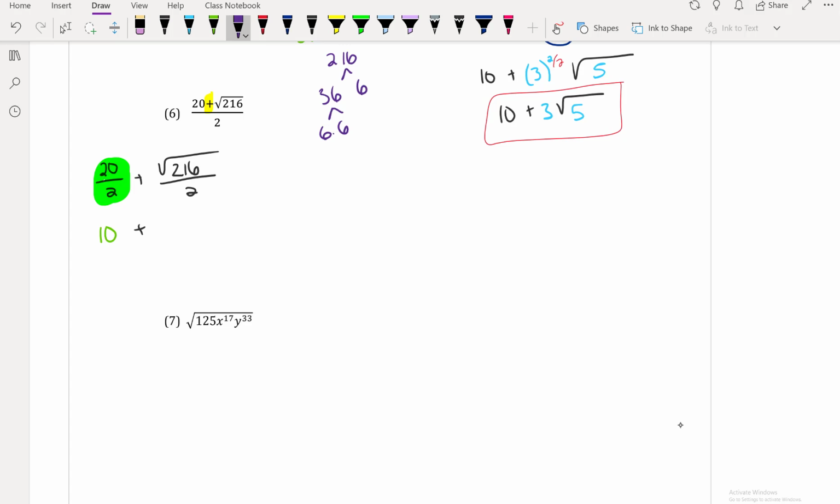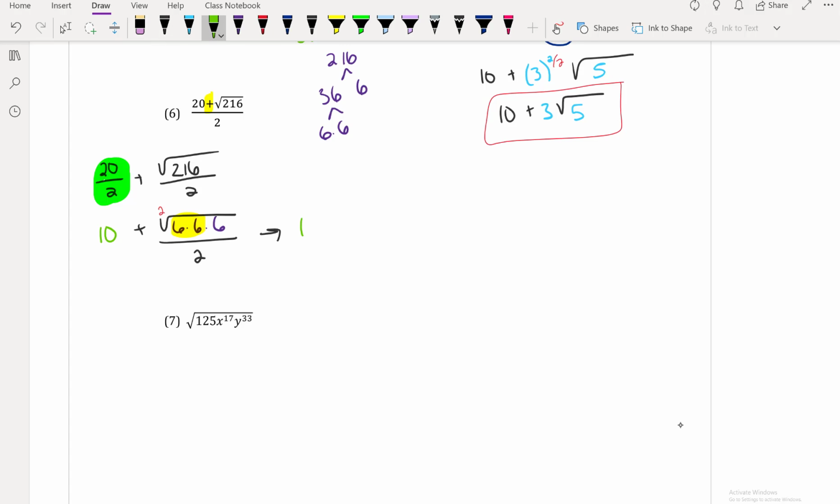So I have 6 times 6 times 6 is 216. So I'm going to rewrite that as the square root of 6 times 6 times 6, all being divided by 2. Now I'm going to group this because I have my index of 2.